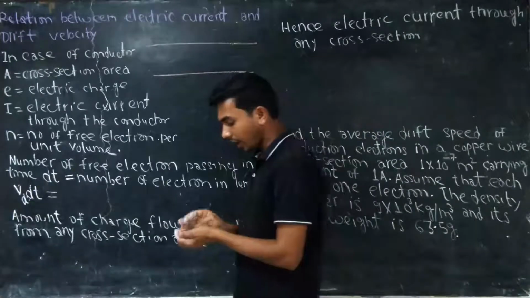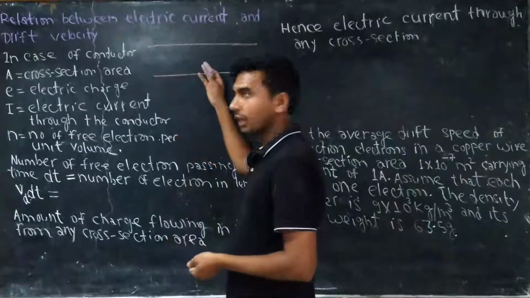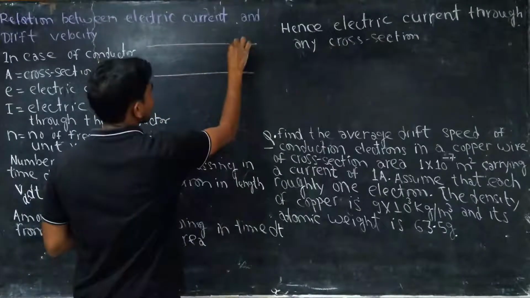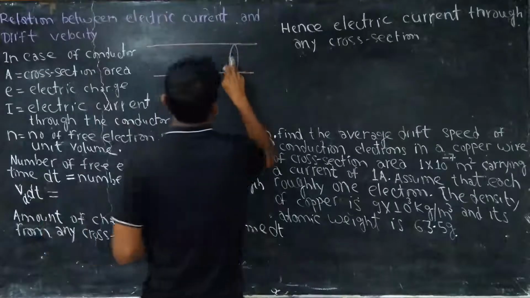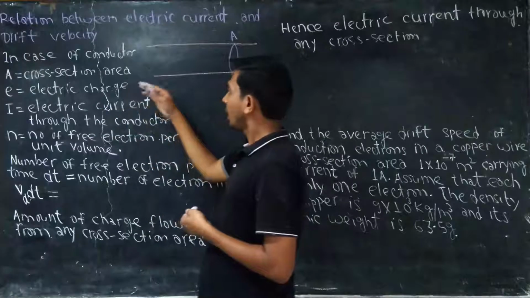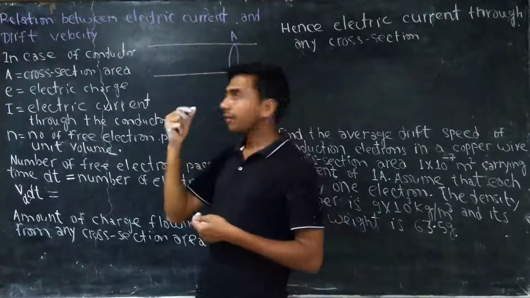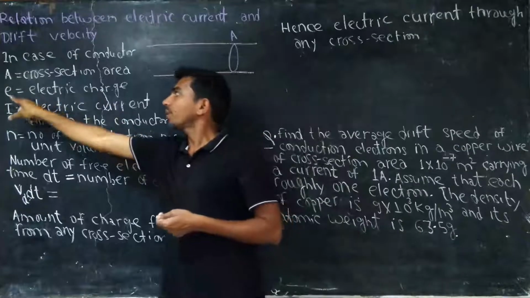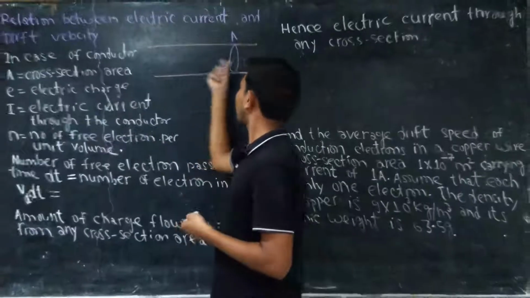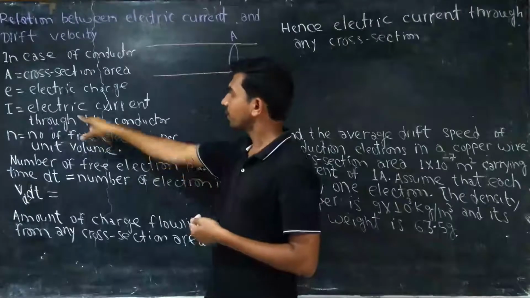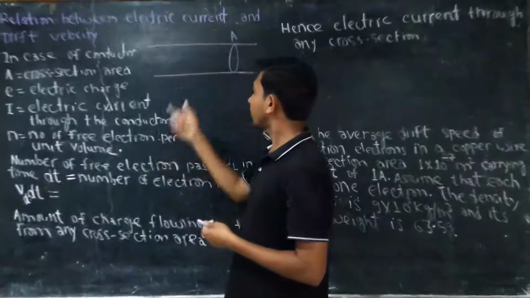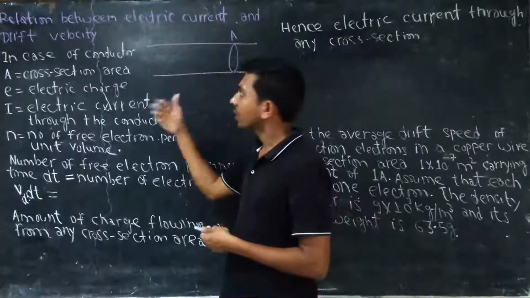I took a conductor. This is your conductor, and the conductor has a cross section area, suppose A. I have also written this here. The charge on one electron is e. Current I is passing through, and due to this current the electrons will be moving with drift speed.